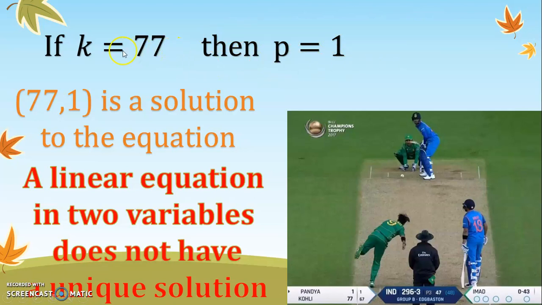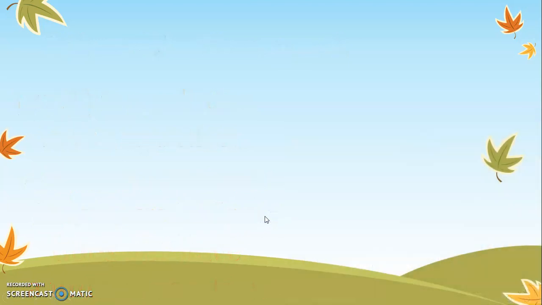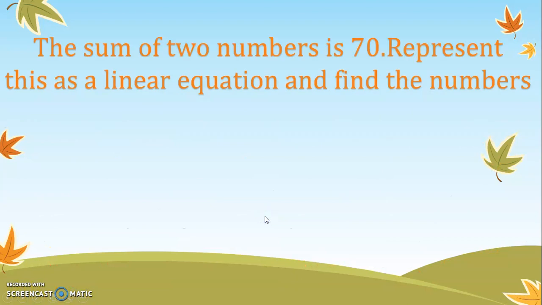If negative runs were possible, then we could have an infinite number of solutions, because we can have -78 runs made by Virat Kohli and 156 runs made by Hardik Pandya, and when you add -78 plus 156, you get back 78 runs. I will get back to that part later. Right now, the point that I would like to stress is that a linear equation in two variables does not have a unique solution.